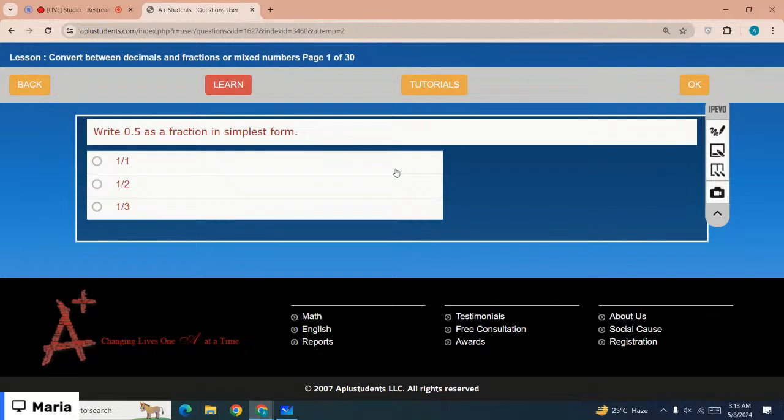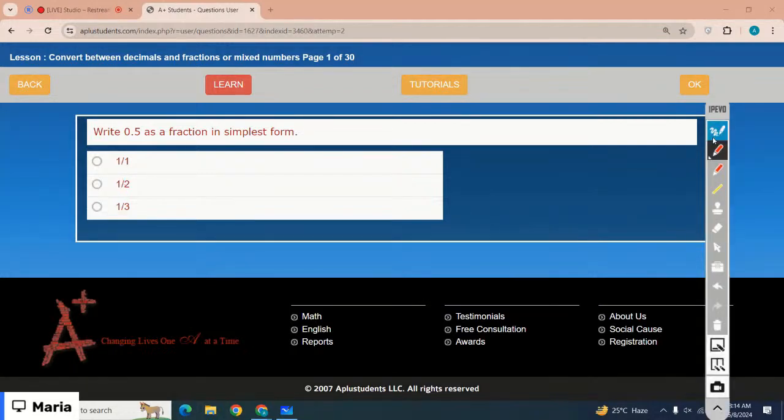You have to write it as a fraction, right? So the fraction means you need to remove the decimal point, right? How do we remove the decimal point? You have 0.5, right? As you remove the decimal point, add 1 in the denominator, right? And you have only one digit, so that would be 5 over 10, right?